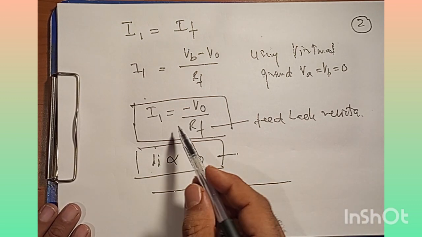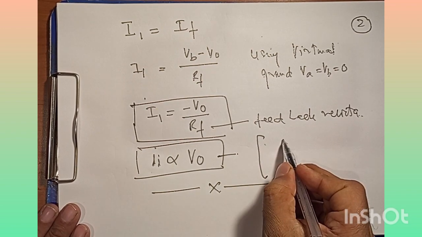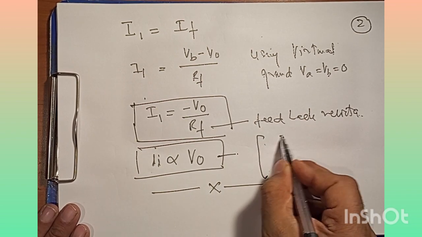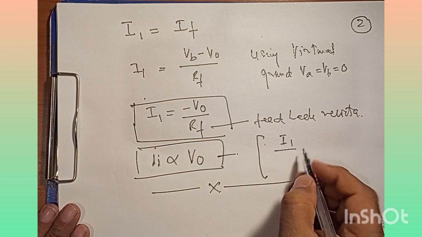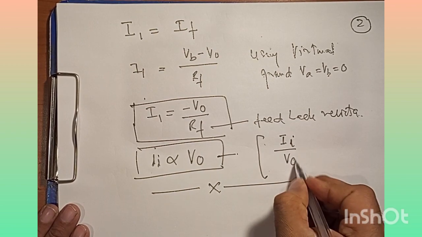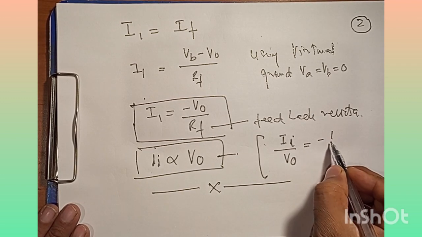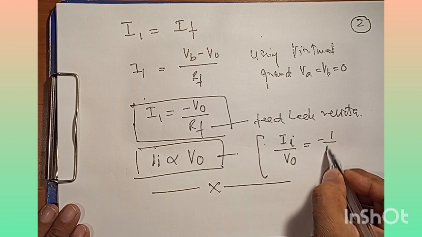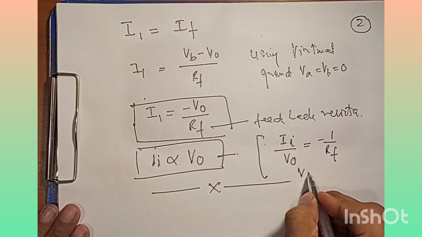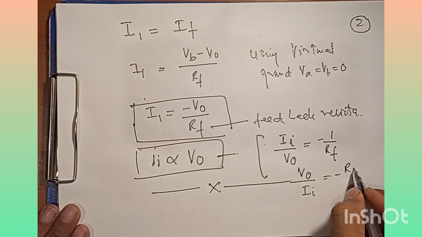If we take this equation, we can make a little modification here if we want, for example, I1 by V out is minus 1 by RF. So V out by II is minus RF.